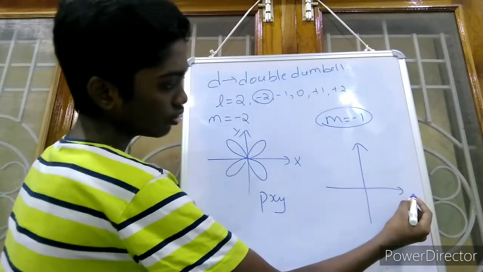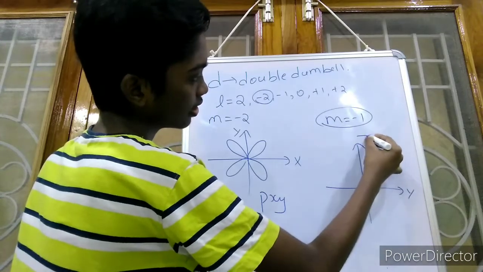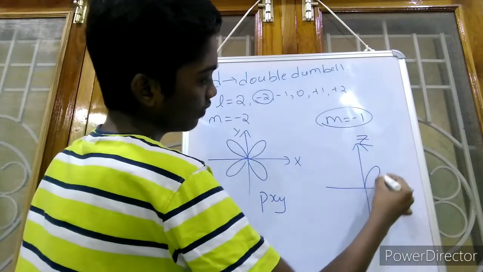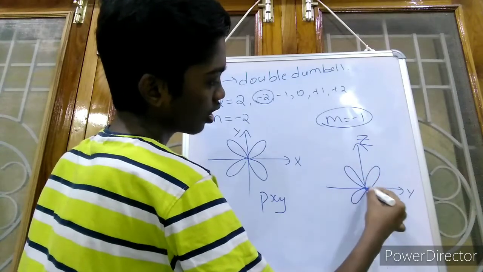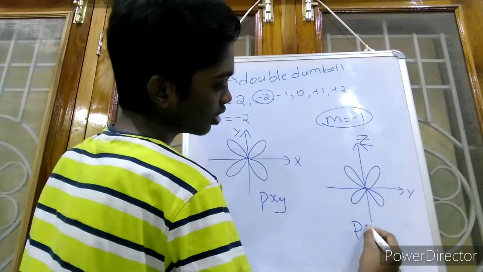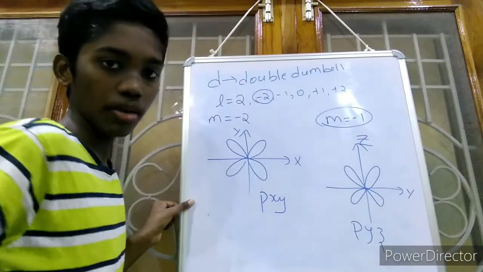For this we have to take the downward axis as the y-axis and the upward axis as the z-axis, and we can draw double dumbbell shapes. And we can represent this as pyz. So this is the structure for m value -1.